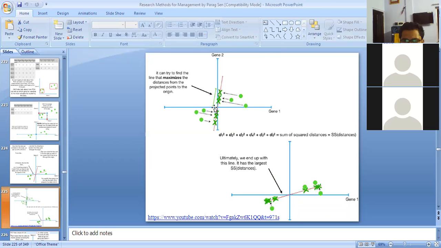The particular line which has the maximum distances from the projected data points, that is, the largest sum of squares of distances, is the one we end up with.